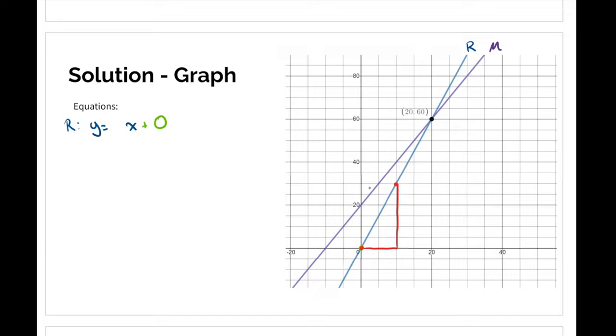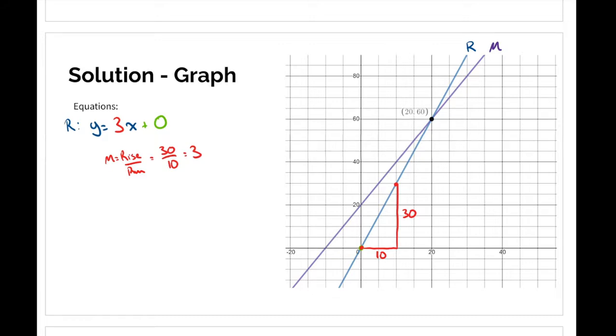So our rise in this case goes up 30. Our run is 10. So m equals rise over run, or 30 over 10, or 3. So our equation is y equals 3x plus 0. And again, you may have gotten that rate from the word scenario as well.